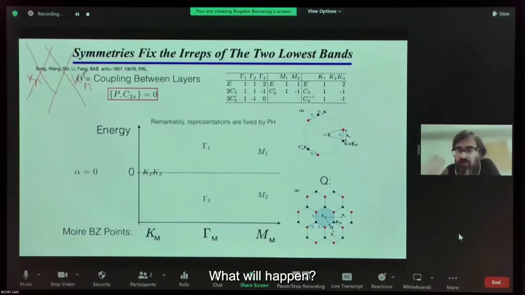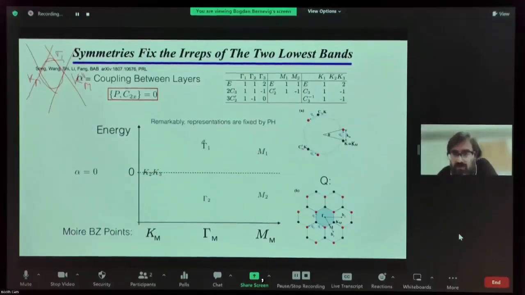They both come from valley K, and then the T of R does splittings of degeneracies and eventually creates flat bands or flattish bands.